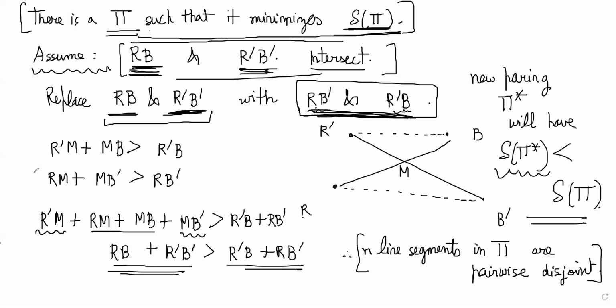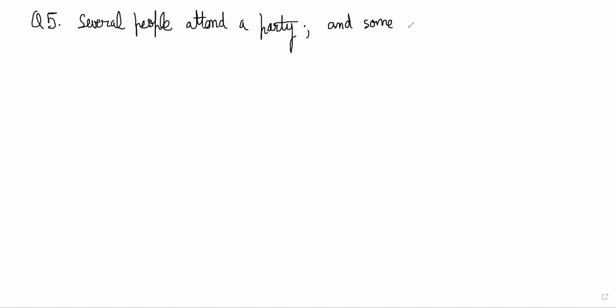We look at one final problem. This is this one. Several people attend a party and some of them know each other and some of them do not know each other.